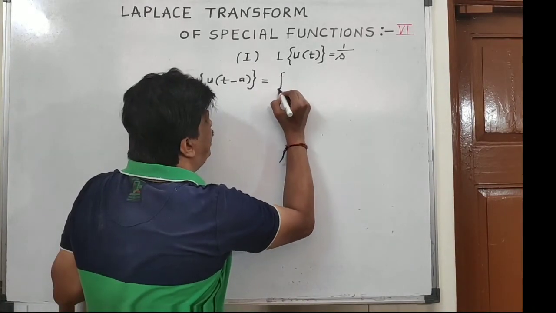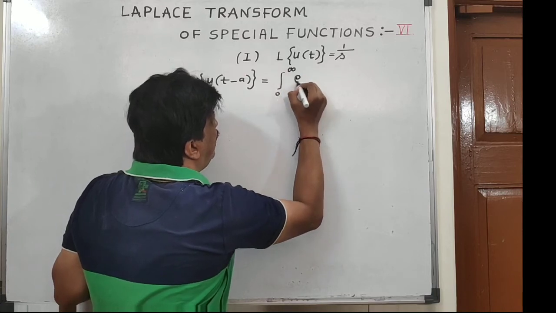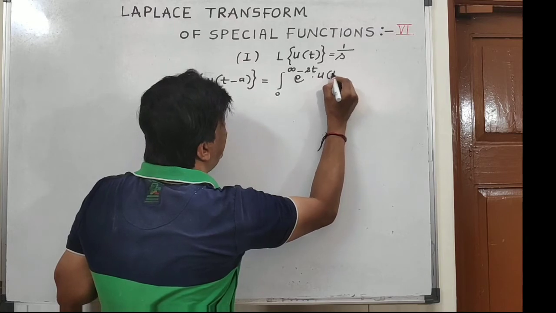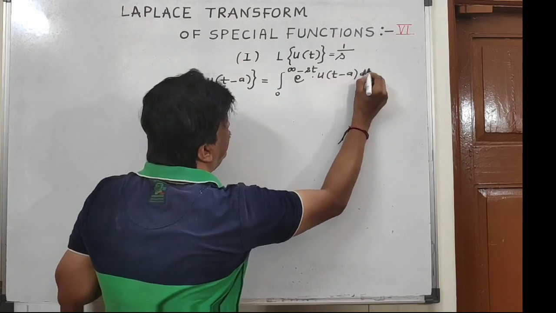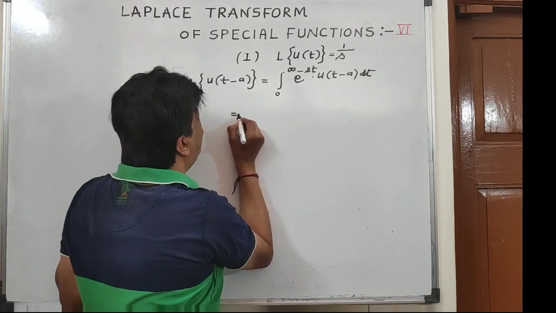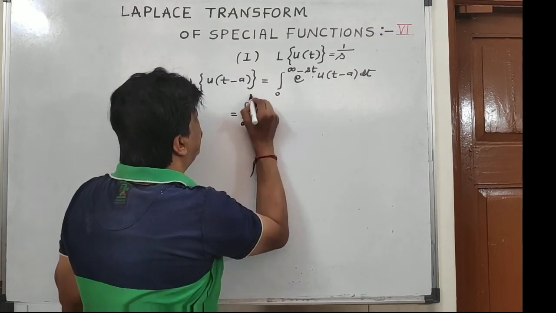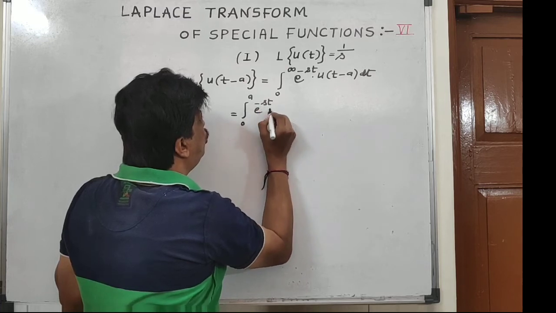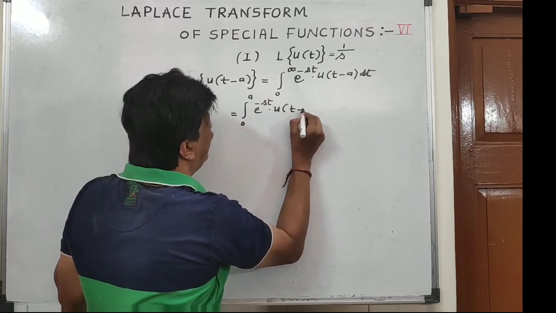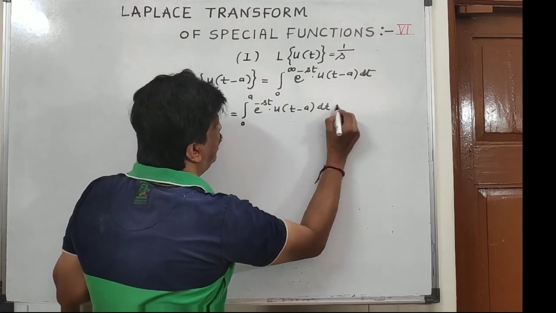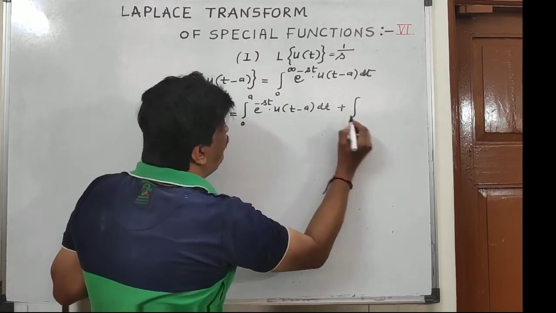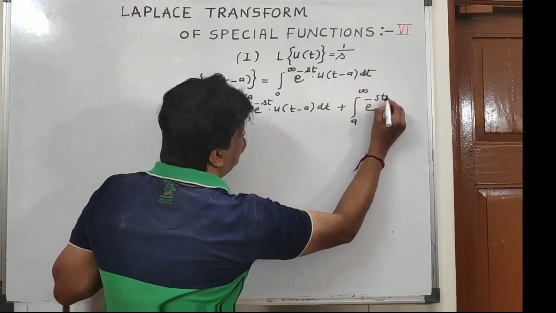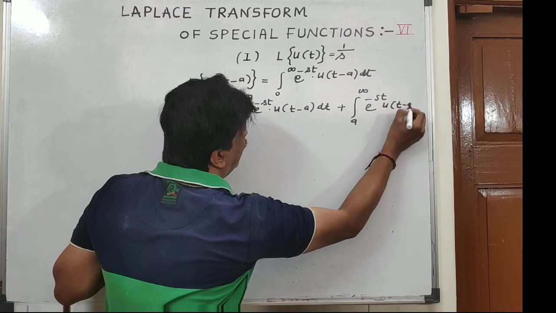From the definition, it is equal to integral 0 to infinity e raised to power minus st into u of t minus a dt. It is further equal to integral 0 to a of e raised to power minus st into u of t minus a, plus integral a to infinity of e raised to power minus st into u of t minus a.